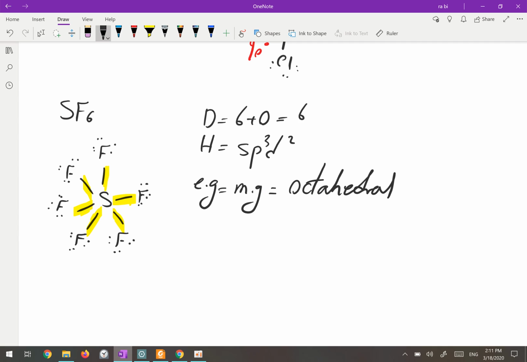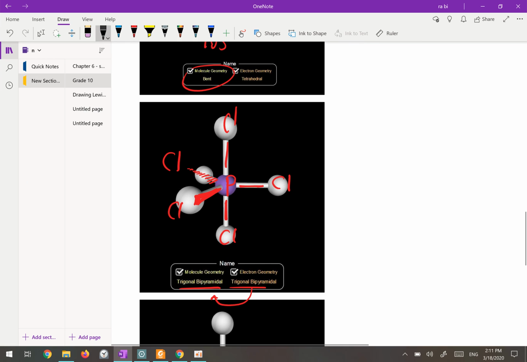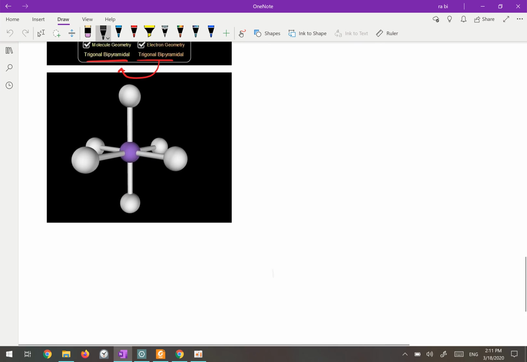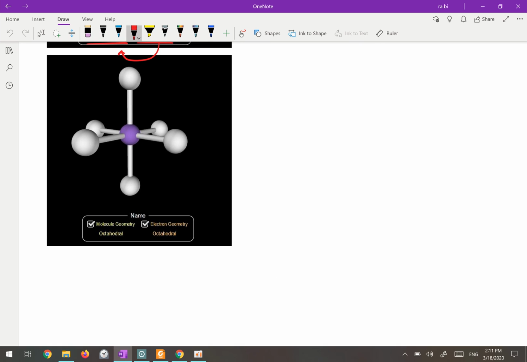So let's go back here. I will show you how we have to draw the shape for the octahedral. This is the octahedral molecule. At the center you have S. On the screen it has F. At the top you have F. These two are coming out of the screen. So when you want to draw it, you must draw it in the bold line, and these two are going in the back.